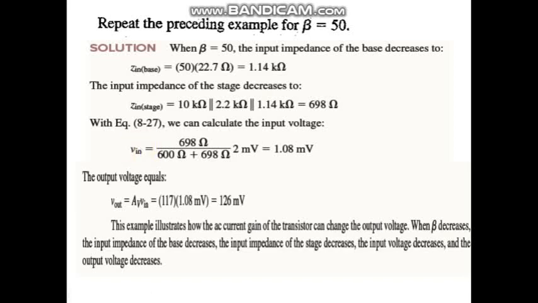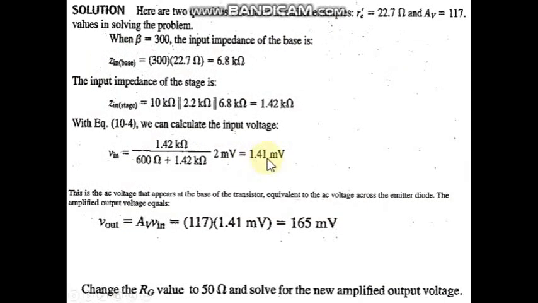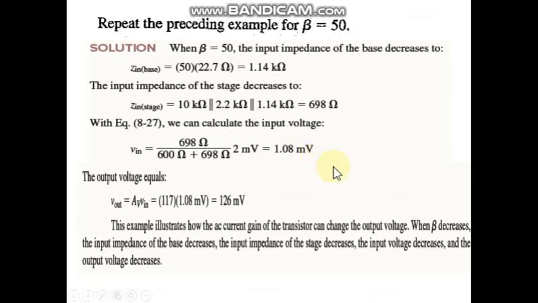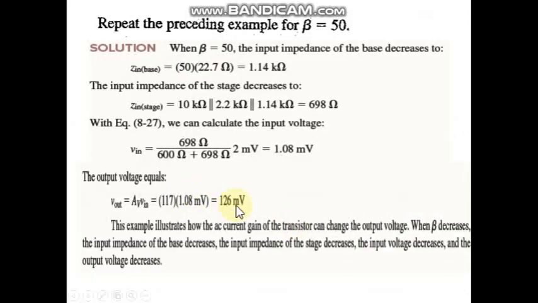Because it is nothing but Z in stage upon Rg plus Z in stage. So this will also decrease, because here it is 1.41 millivolt and here it is 1.08 millivolt, and the output voltage will also decrease. Here it is 165 millivolt and here it is 126 millivolt. So that we can conclude.